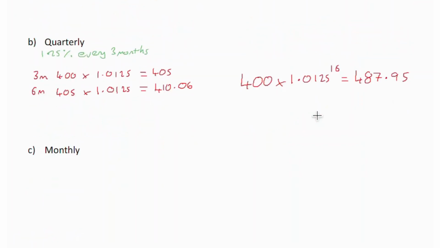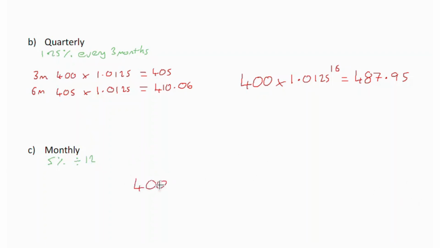If we do it monthly, then this time we're going to have to divide 5% by 12 to get how much we get paid each month.